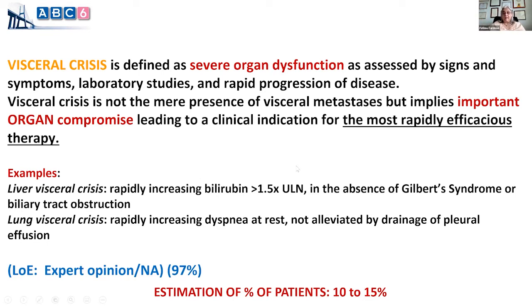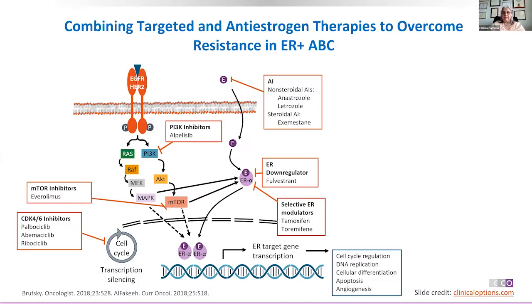Okay, so in the first presentation of metastatic disease of this subtype, it's not very frequent that patients are in what we call visceral crisis. Nobody knows exactly the percentage, but in the different studies, it is about 10%, maximum 15% of cases. In my experience, it's even less, but let's say that 10% would be the indication.